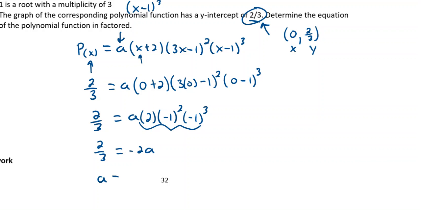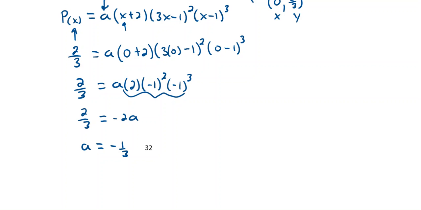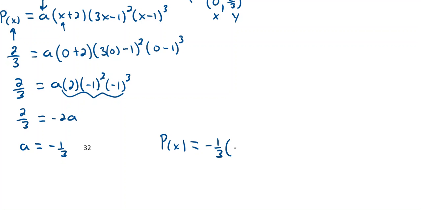So a would be equal to negative 1 over 3. So then we just throw it back in, right? That was our a value, so we can just say p of x is equal to negative 1 over 3, and then all of the different factors that we found. So x plus 2, 3x minus 1 squared, and then x minus 1 cubed.